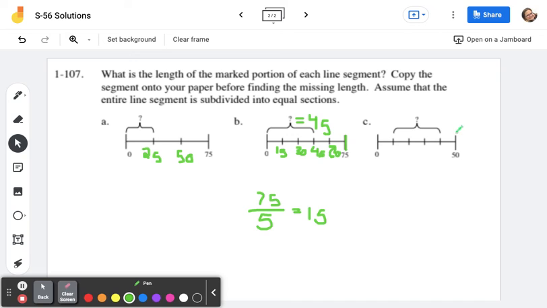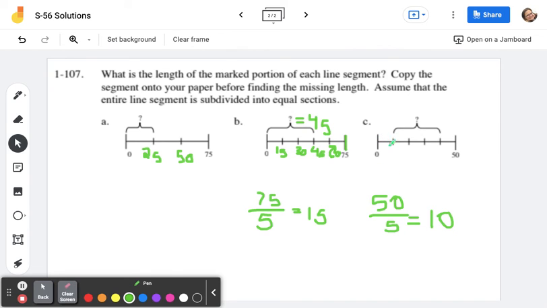All right, and last but not least, I have 50 divided up into 1, 2, 3, 4, 5 equal sections. So I have 50 divided by 5 equal sections, which means each section is worth 10 units.